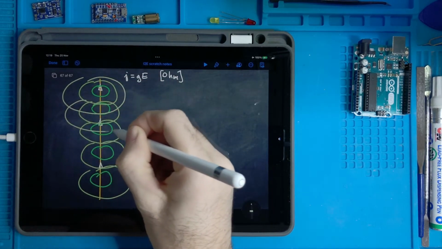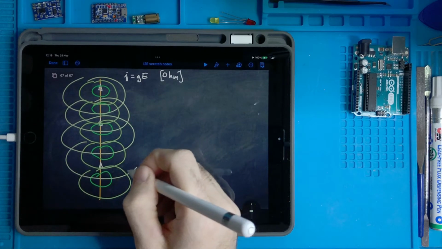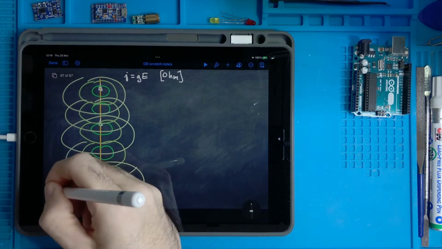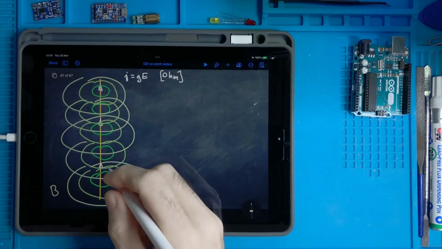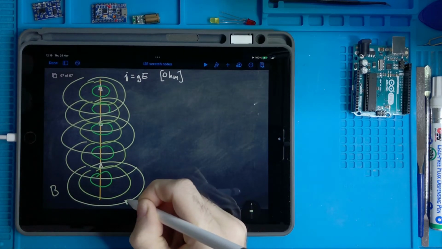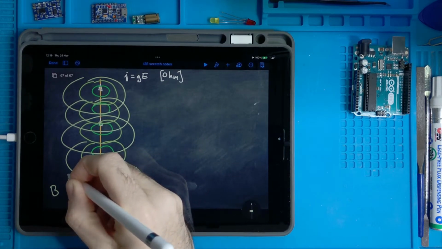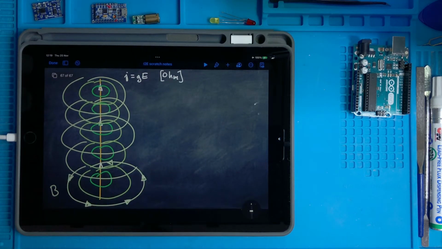The farther you go, the fainter the color, the weaker the magnetic field. These are all the B magnetic field, and they are closed because the second law of electromagnetism says that the divergence of this field is zero. We cannot break the north and the south pole of a magnet.